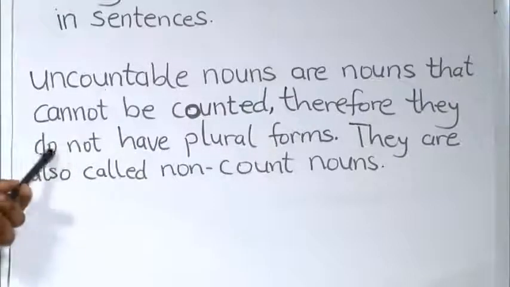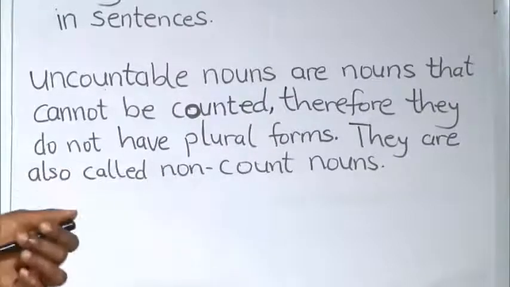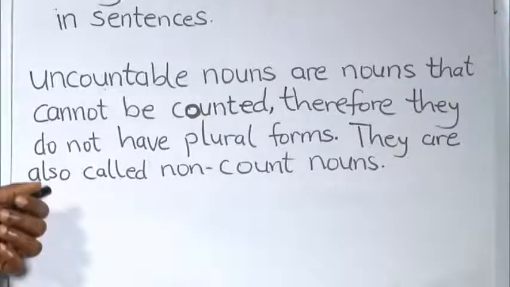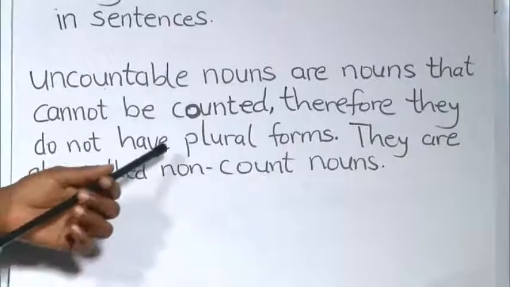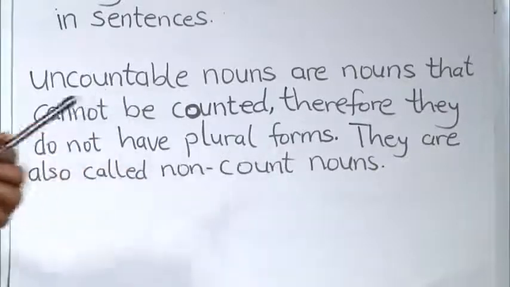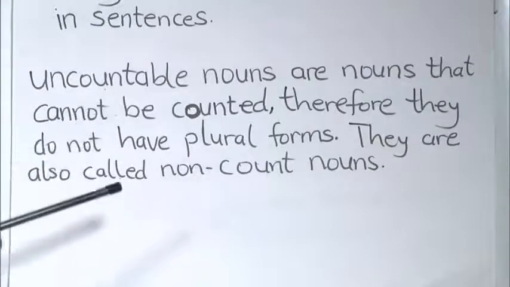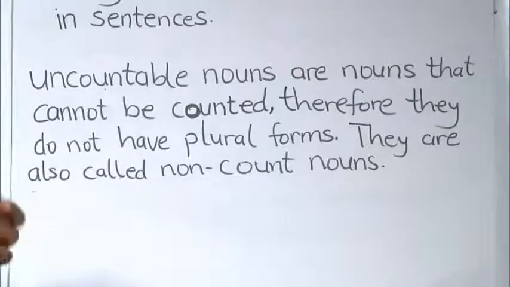Therefore, they do not have the plural form. What do we mean by that? When you have a noun that is uncountable, we cannot add s or es to it to form plural.